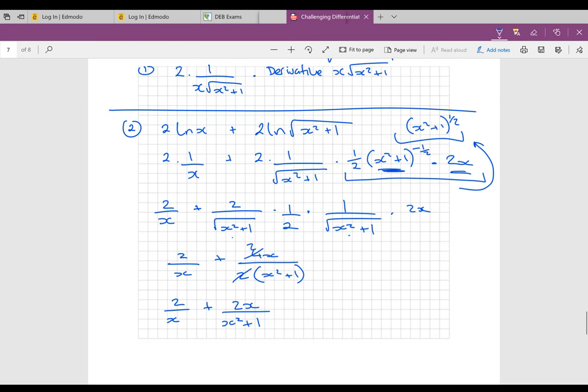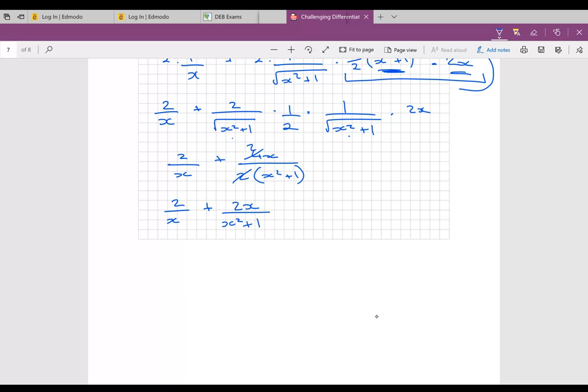It asks for it all as one fraction, so I've got to do that. So my common denominator is going to be x and x squared plus 1.